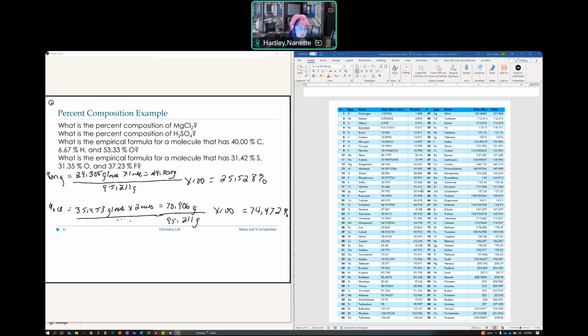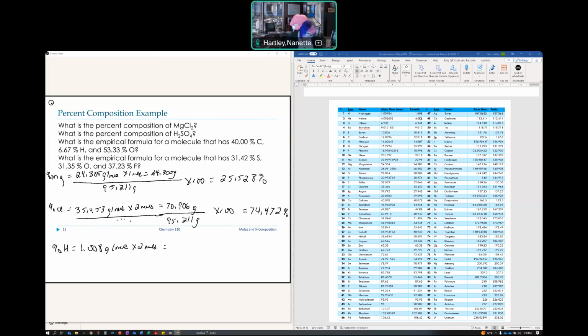Next thing says, what's the percent composition of H2SO4? So here I'm going to want a percent for H. Do that first. And again, my hydrogen listing for the periodic table is 1.008 grams per mole times 2 moles, because there's 2 in the H2SO4.